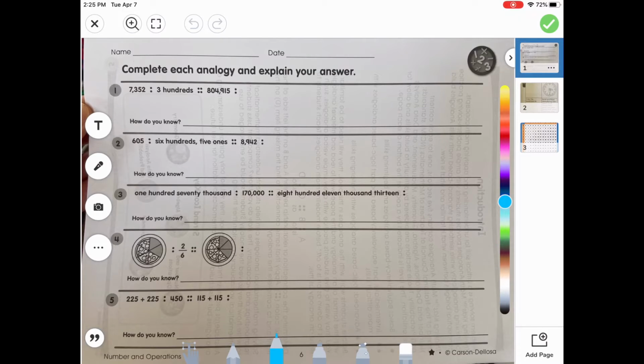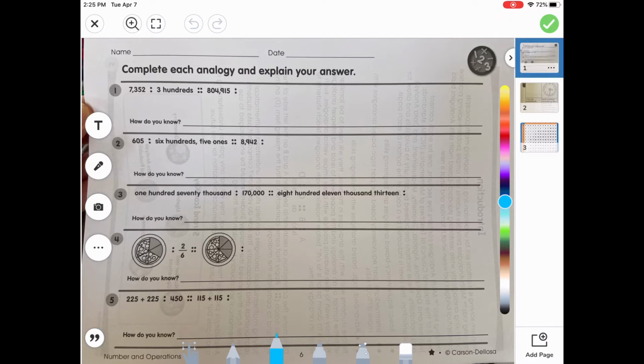All right, let's take a look at the math activity that I assigned to you in Seesaw today. If you look at problem number 1, you're given the first relationship that says 7,352 is to 300 as 804,915 is to blank.